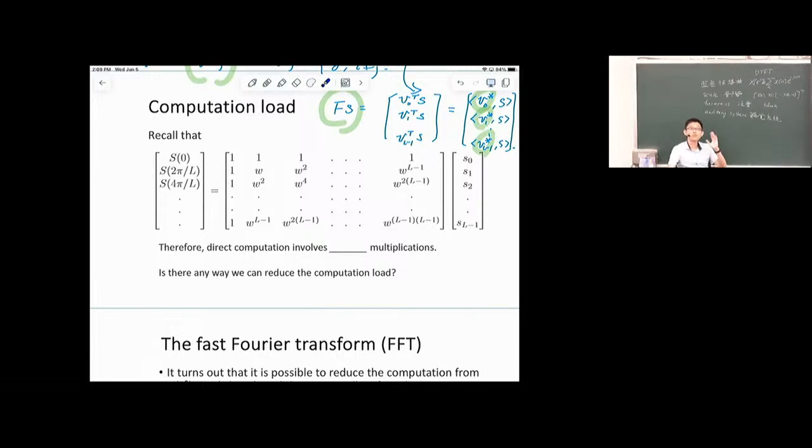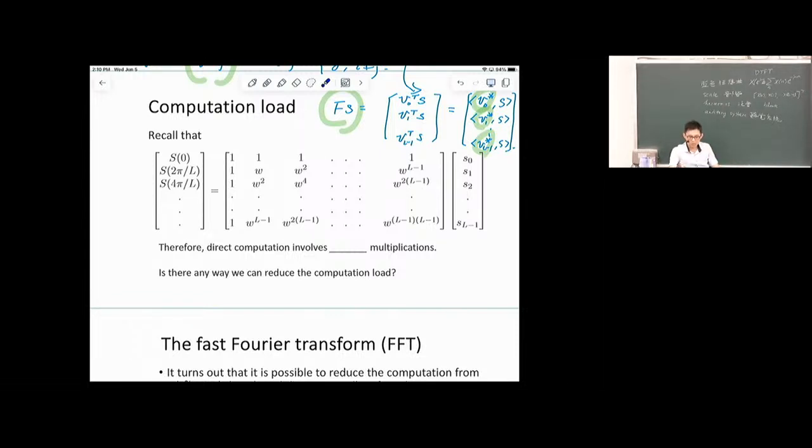We don't care about summation so much. Summation is easier, but how about multiplication? So for example, 1 times S0, you can argue that it's not a multiplication. 1 multiplied by anything doesn't change anything, right?